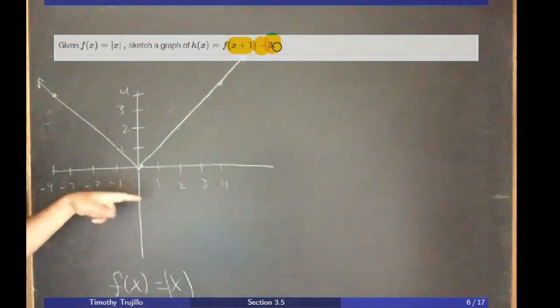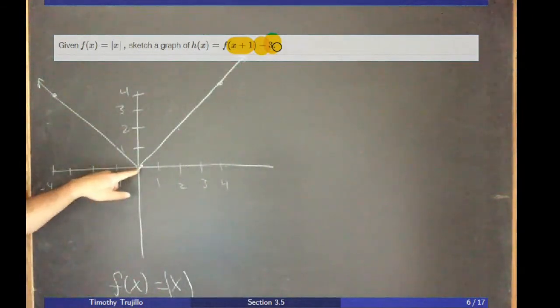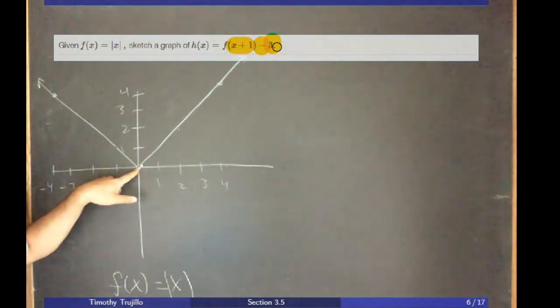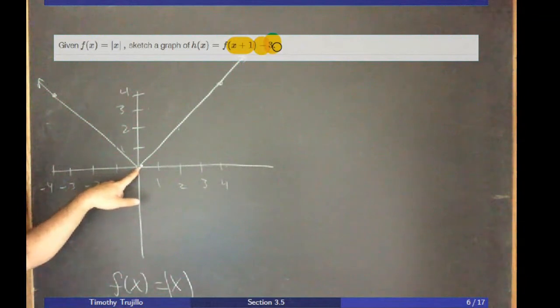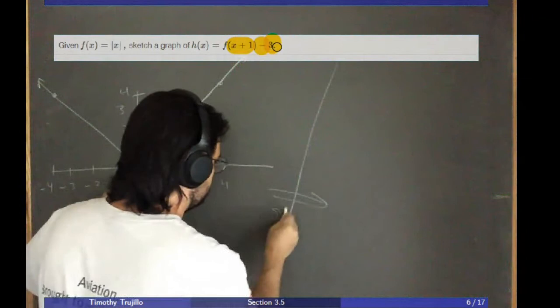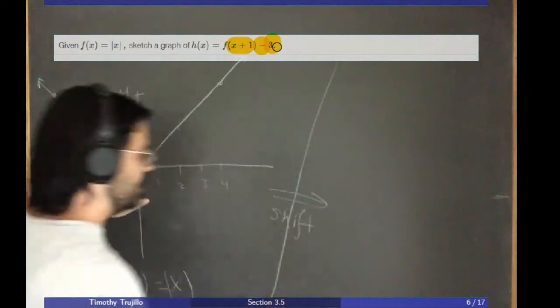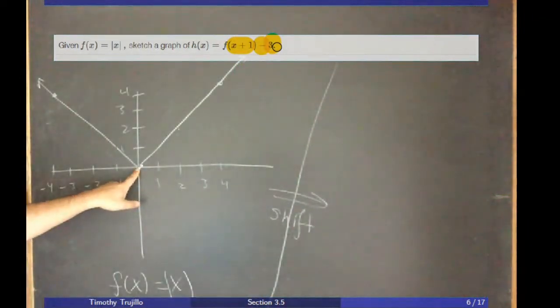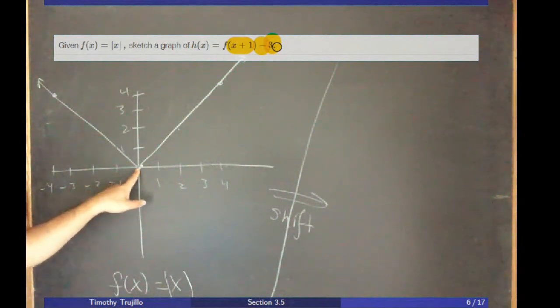And really, when you're moving absolute value functions around, you want to keep track of where this is. Okay, so right now it's at the origin, but we're going to do this shift, right? When we shift, where will that origin go? If we're moving 3 units down and 1 unit to the left, where are we going to go?